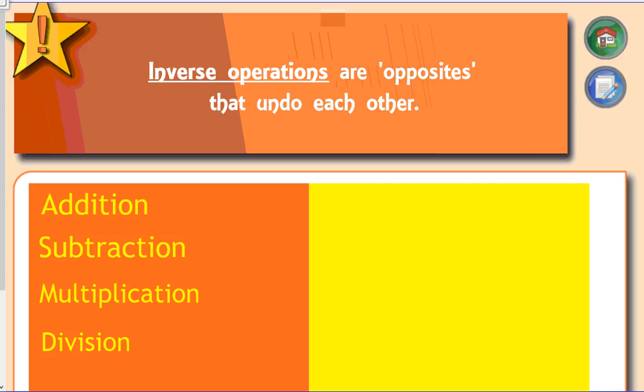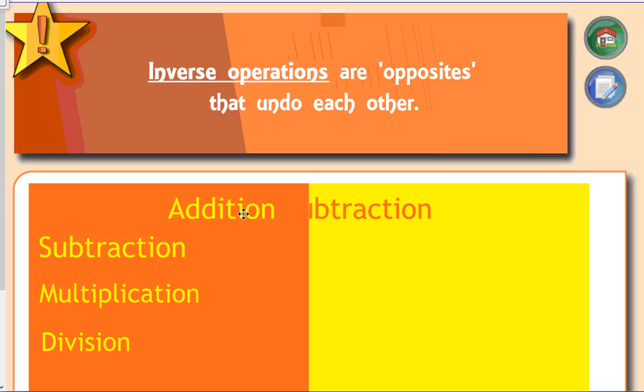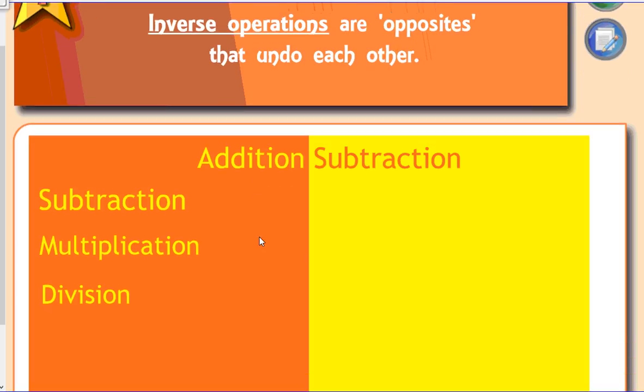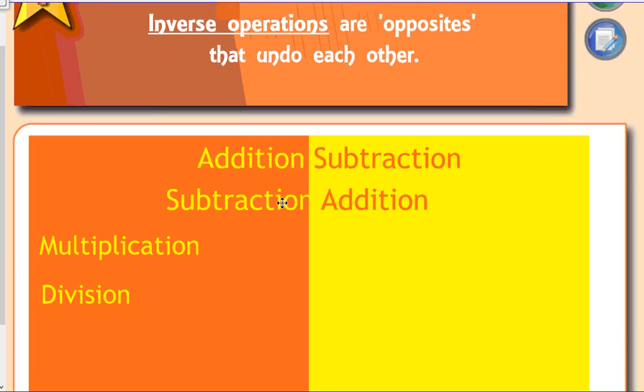Okay, the next vocabulary word we have is inverse operations. Inverse operations are just the opposites that undo each other. So for example, the inverse operation of addition would be subtraction. The inverse operation of subtraction would be addition.